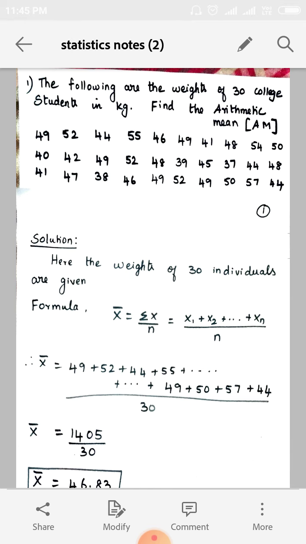So this is the first problem, which is type 1, raw data. The weights of 30 individuals are given, so you have to use the formula x bar is equal to simply summation x by n. That is adding all the 30 values and dividing by 30, we get the arithmetic mean.